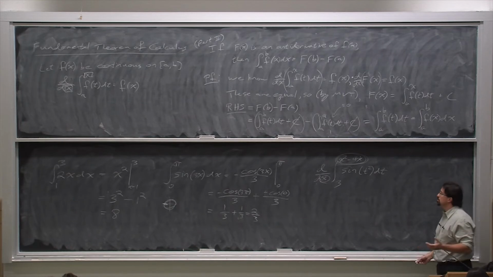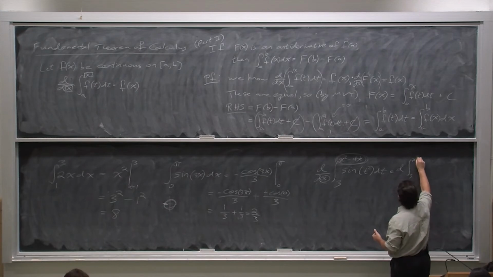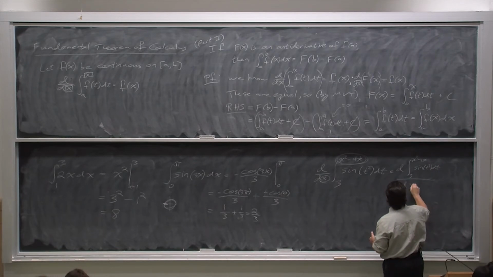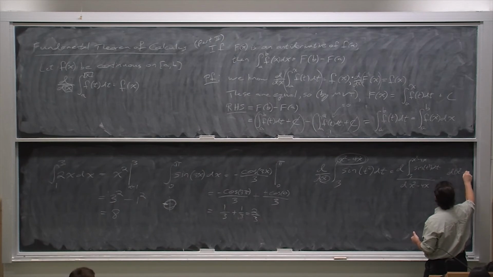That's it. This entire application is nothing but chain rule. The derivative of the integral from 3 to x squared minus 4x of sine of t squared dt with respect to x squared minus 4x, times the derivative of x squared minus 4x with respect to x.